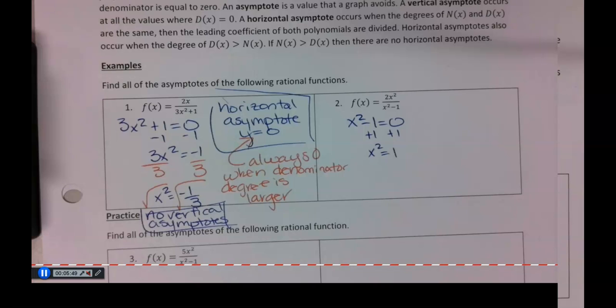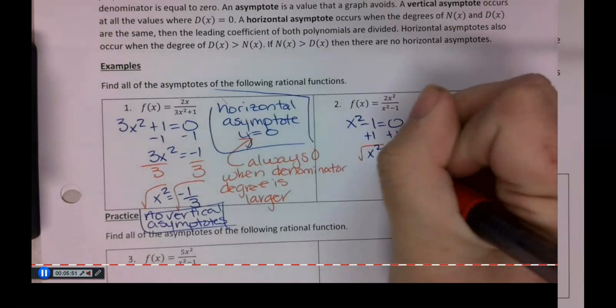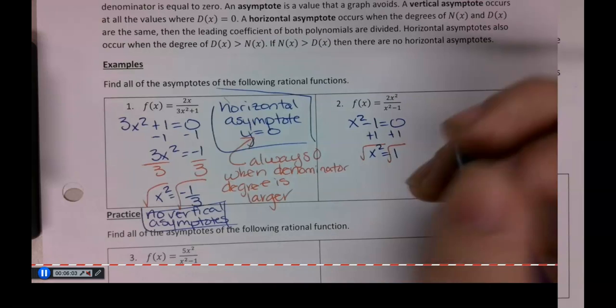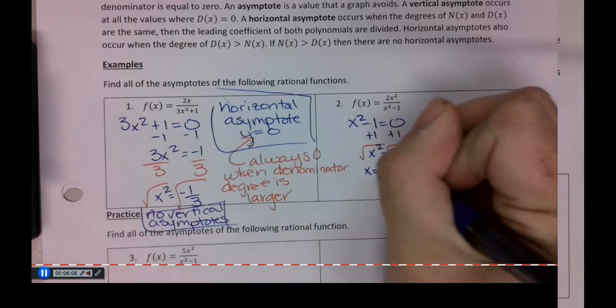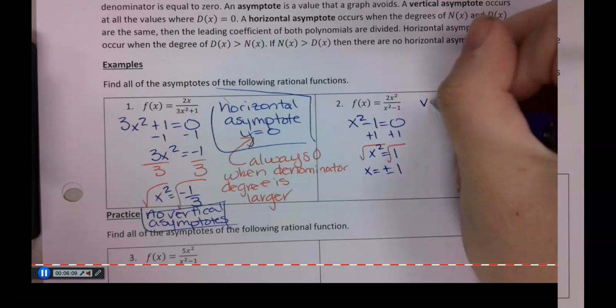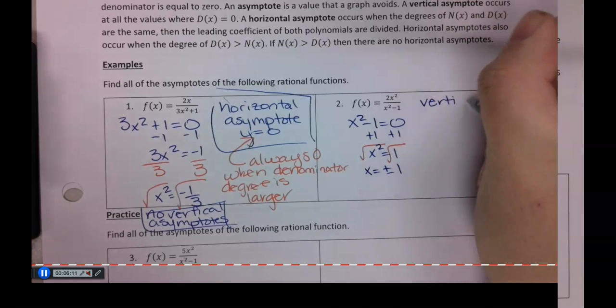Then I can square root both sides. What do I get when I square root both sides? Plus or minus 1. So then my vertical asymptotes are at x equals 1 and x equals negative 1.